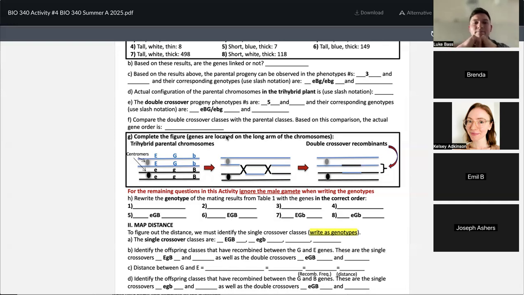Going off the parental progeny from C, it makes sense that G would be in the middle, since comparing the genotype from 3 and the genotype from 5, G changed, and comparing 7 and 4, G also changed. Okay, that makes sense then.